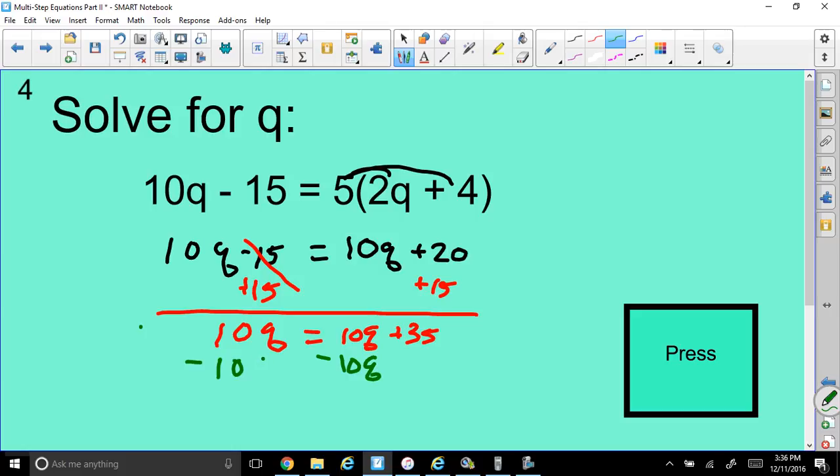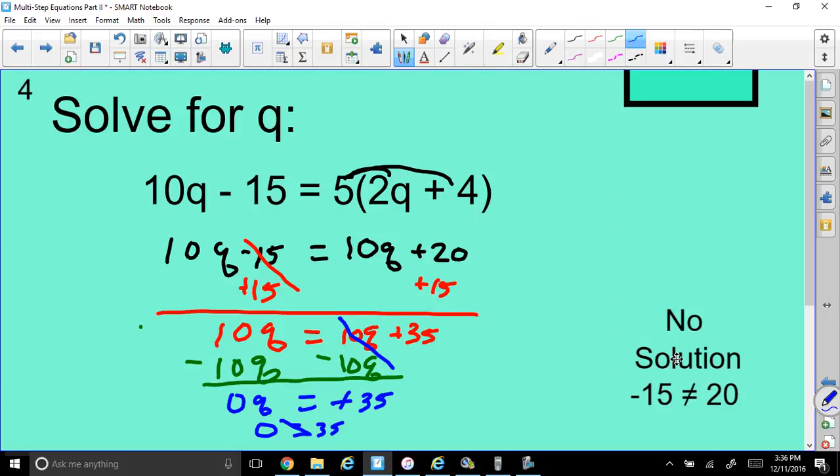Now, this is where it starts looking kind of funny. My 10Q on the right side is going to cancel out, leaving me with just a positive 35. But on my left side, 10Q minus 10Q is 0Q, or just 0, because the Qs canceled out. 35 does not equal 0, so whether we got rid of the numbers first or not, it didn't work out.